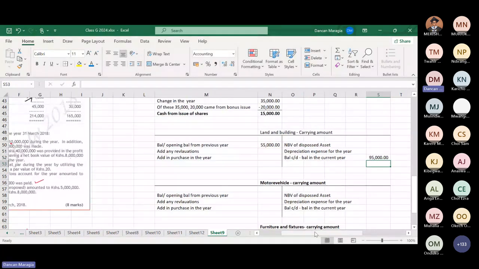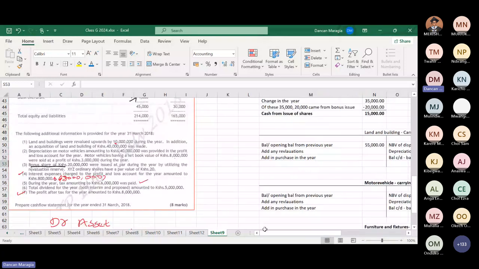What other information do we have about land and building? In note number 1, we have revaluation of 10 million, and a purchase of 40 million.